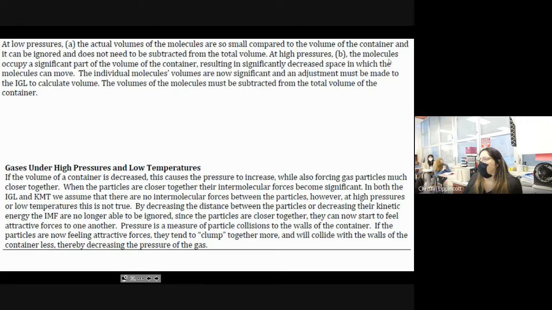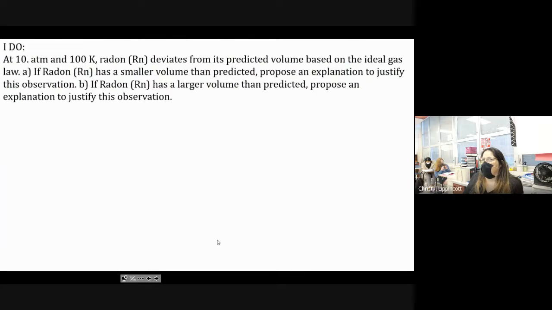At high pressures, the molecules occupy a significant part of the volume of the container, and therefore they're going to act less ideally. So gases under high pressure and low temp end up acting less ideally because, like I said, they're going to be able to clump together more and have those intermolecular forces take hold.